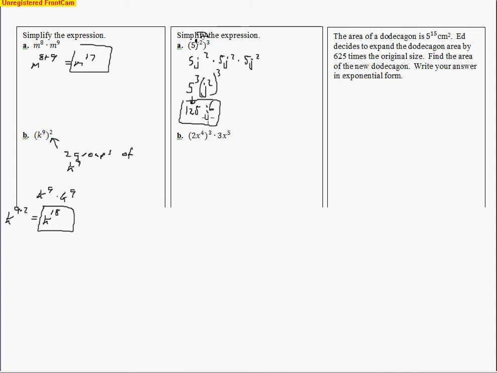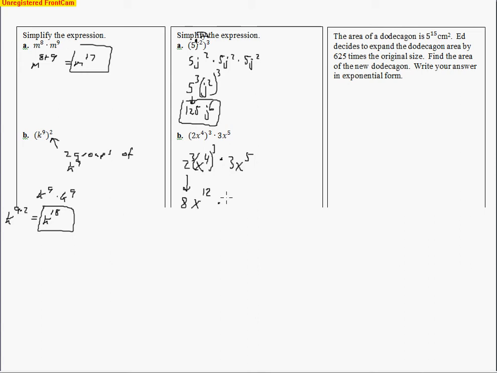Well, looking at this next one, we've got the same situation. We're going to bring all parts to the 3rd power. So we have 2 to the 3rd power, x to the 4th gets brought to that 3rd power also, and then we're going to multiply that by 3x to the 5th. So multiplying these numbers out, 2 to the 3rd power makes 8, and x to the 4th all raised to the 3rd makes x to the 12th power.